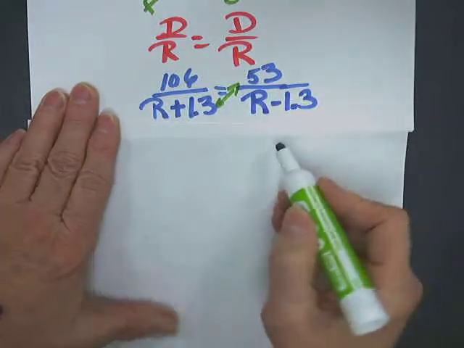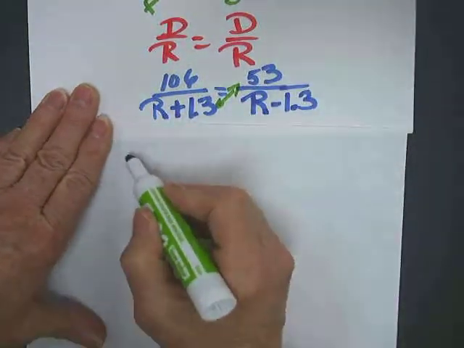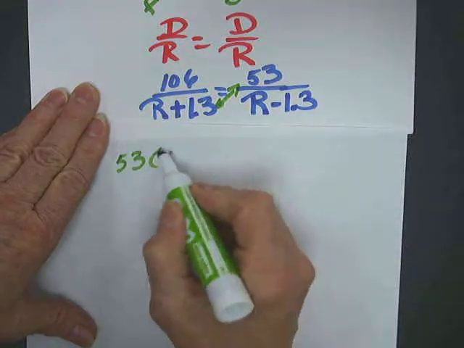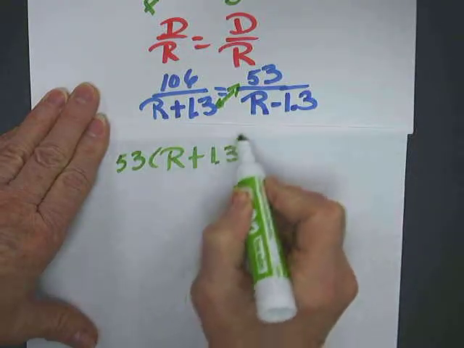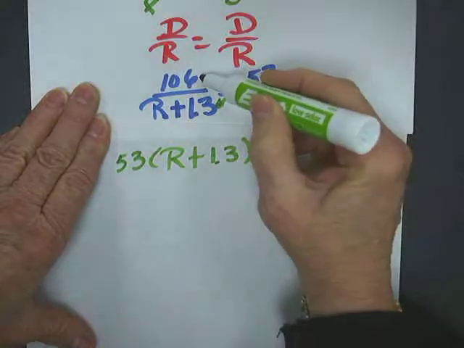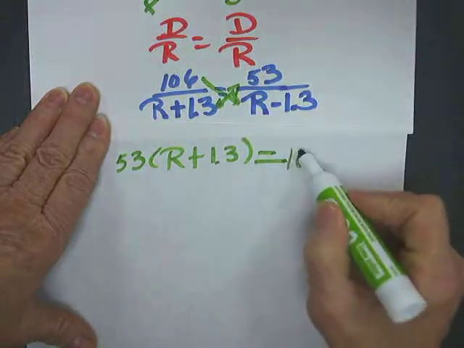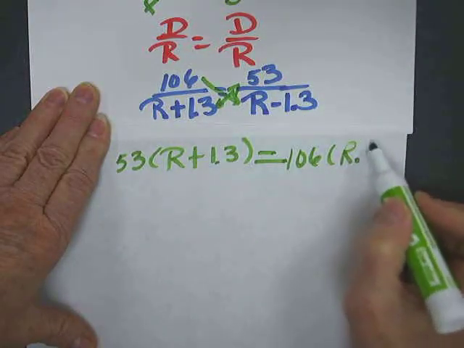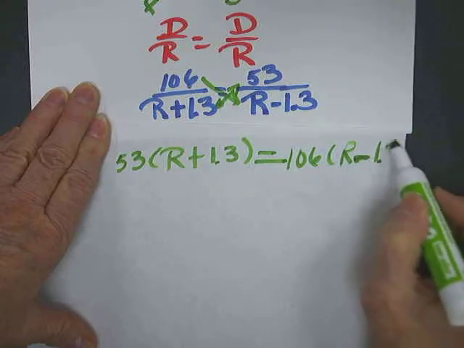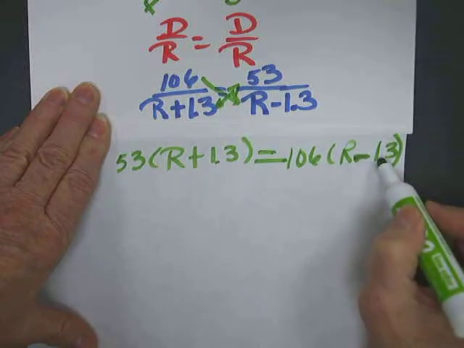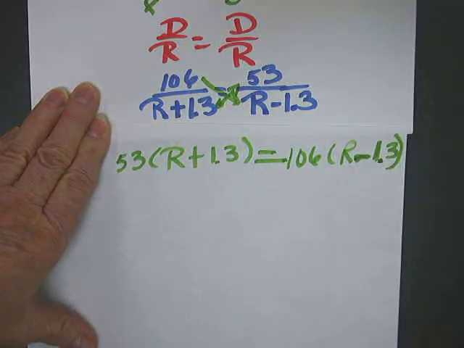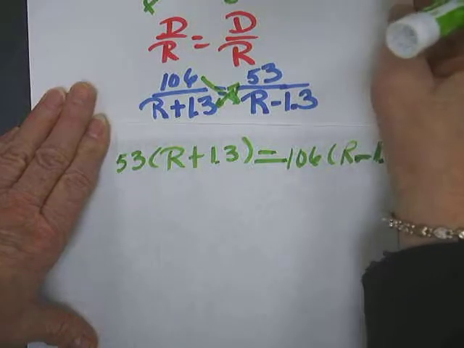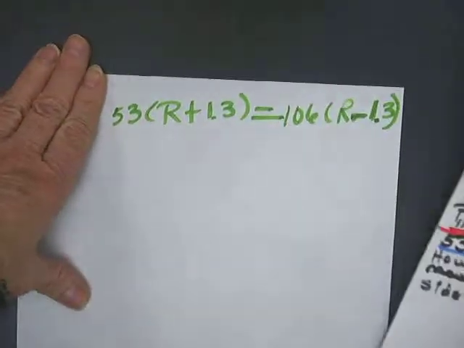So, the cross products are what? This is a proportion, cross products are... come on. Equal, there you go. Cross products are equal. So this times this is equal to this times this.